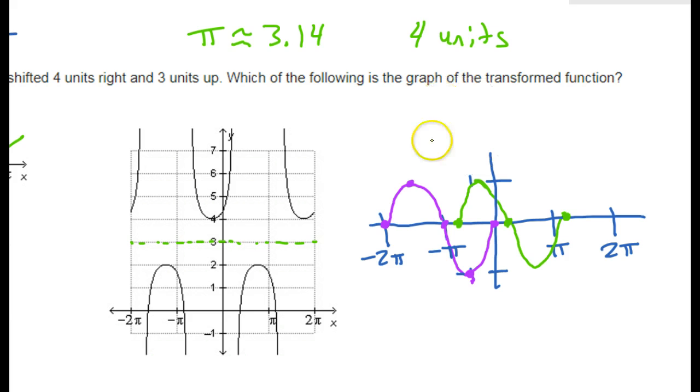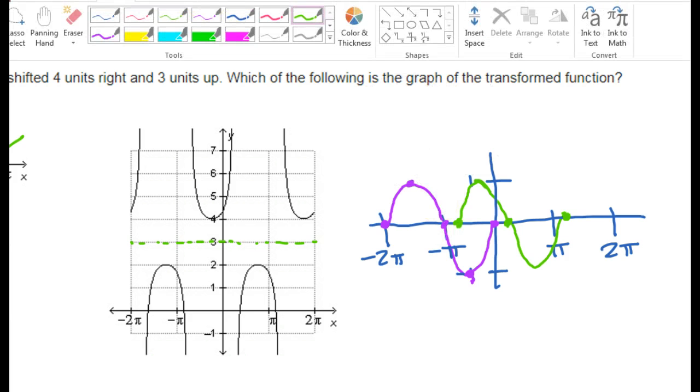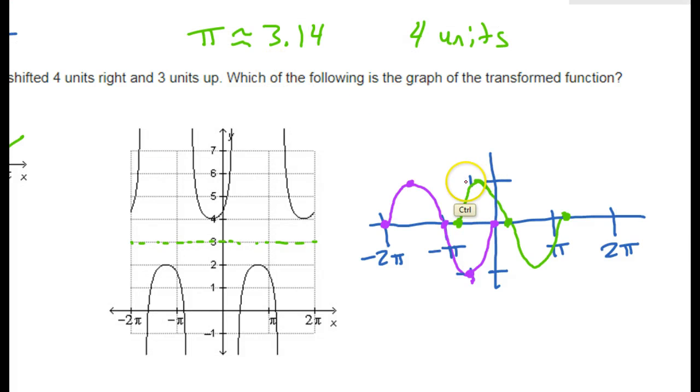Now that means that the cosecant function would look something like this. The cosecant function has points at the top of the hill and the bottom of the valley, and then it stretches out towards the asymptotes and makes these little loops. So there'll be a loop here and there'll be a loop here.